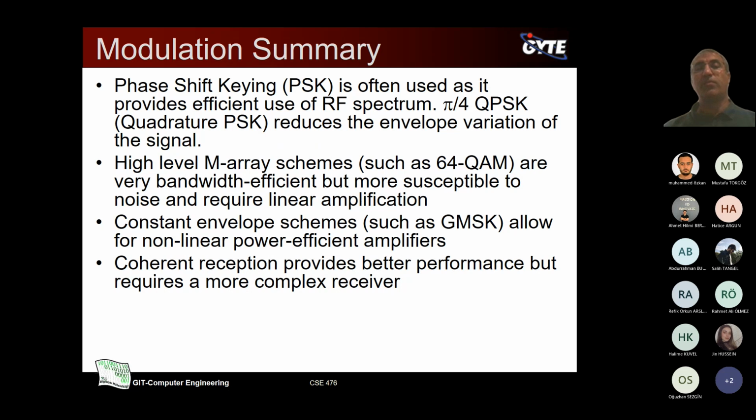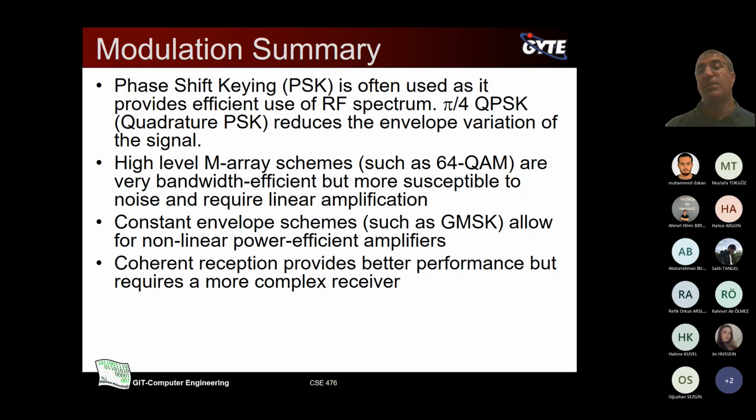Okay, so the first topic was modulation. Let's summarize. PSK is often used as it provides efficient use of the RF spectrum, and we solve this by shifting the constellation point by pi over 4, and this reduces the envelope variation of the signal.